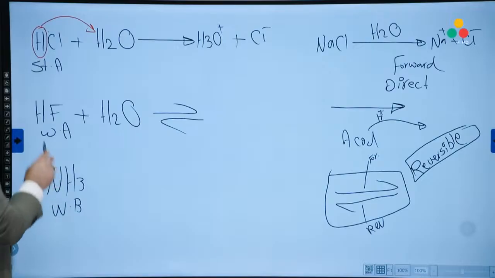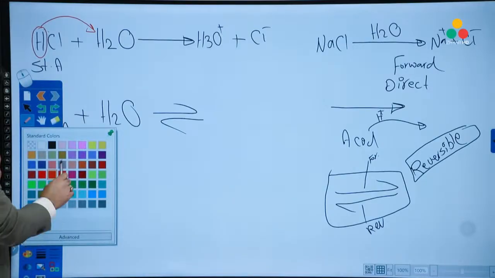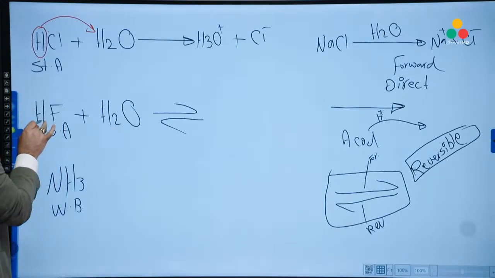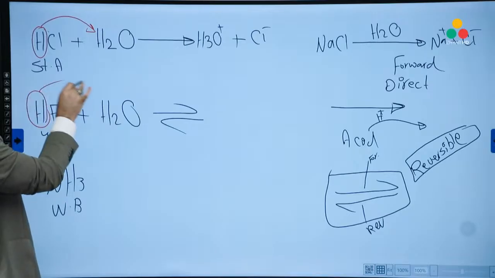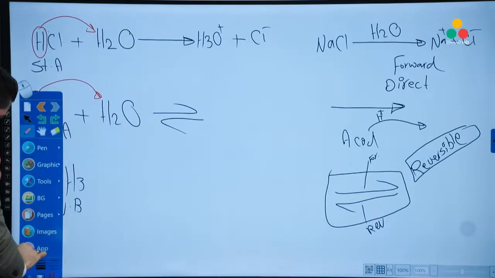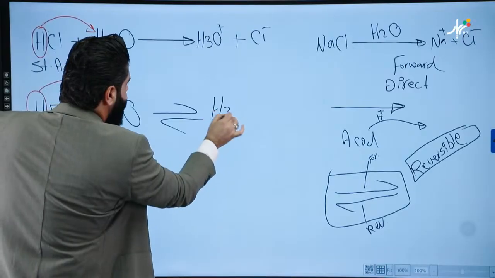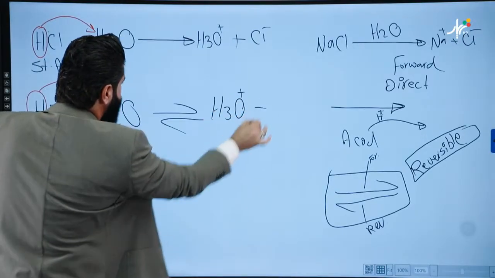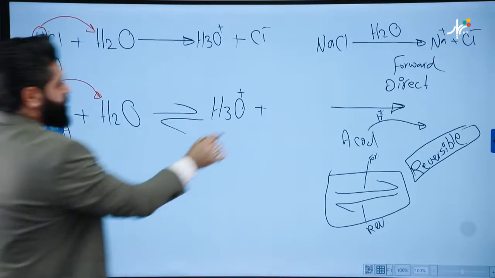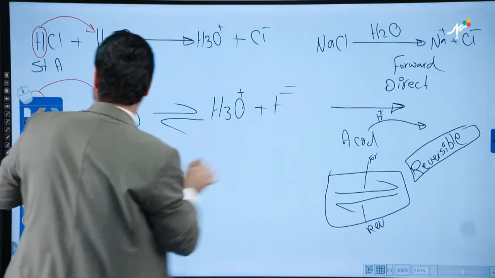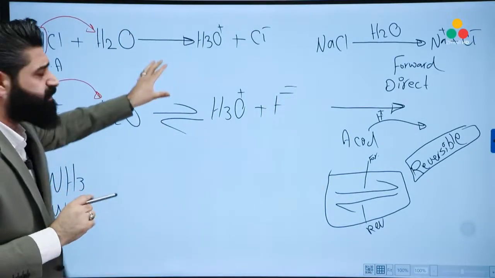Then, because this is an acid, again, try to transfer H here to the water molecule. So H2O will become what? H3O plus, what is left? F negative. Good. Is there some special name for this, mister, please?